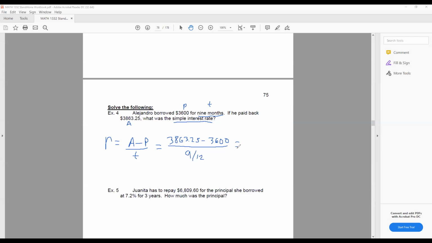In your calculator, it's gonna be 3,863.25 minus 3,600 divided by 9 divided by 12. So I'm getting, that's not right, hold on a second.